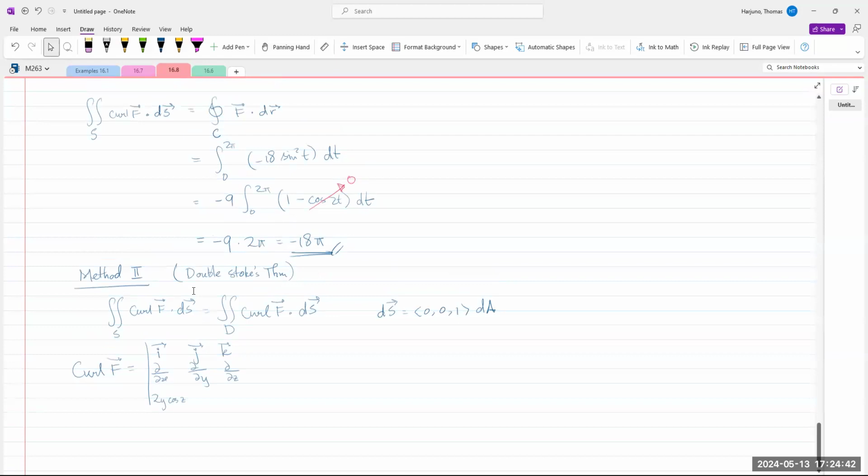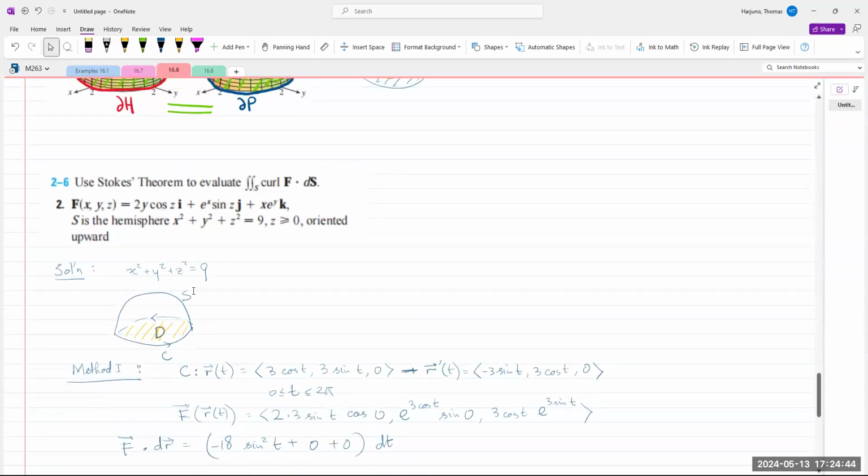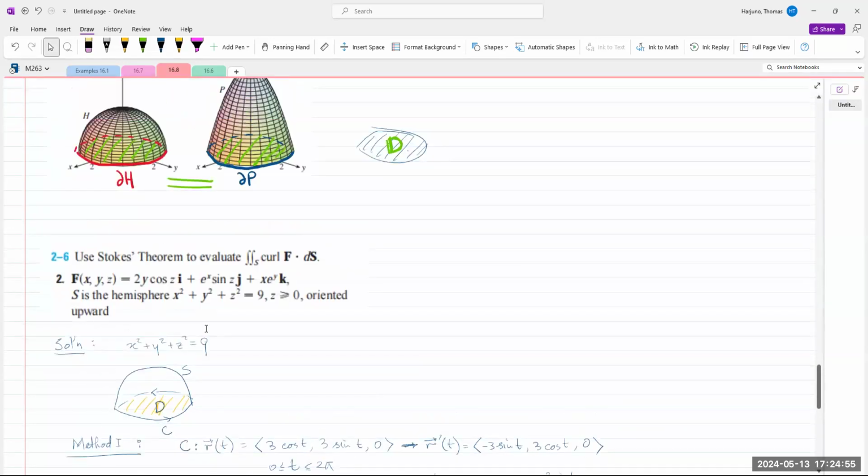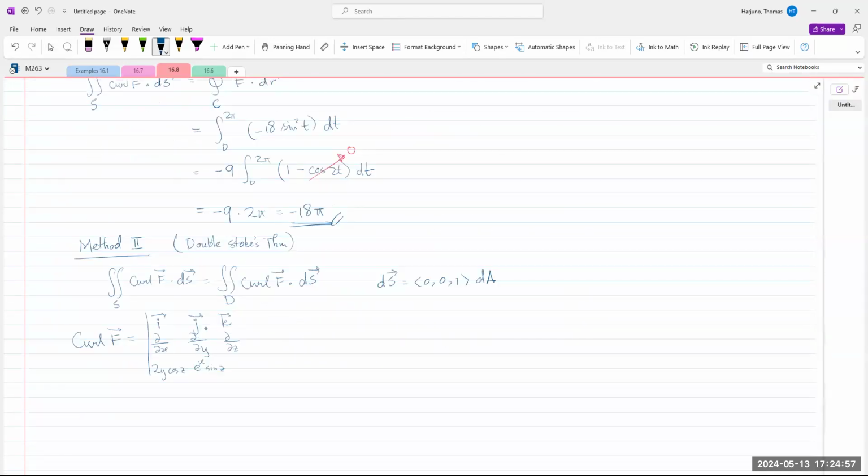For the x component, I'm sorry, I need to go back and forth, e to the x sine z, and then the last component of vector field F is x e to the y.